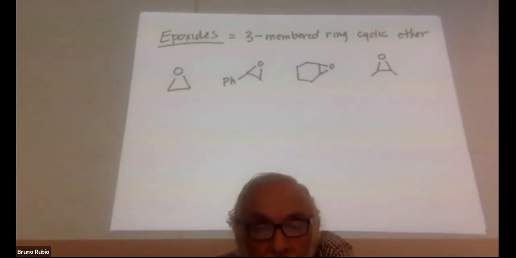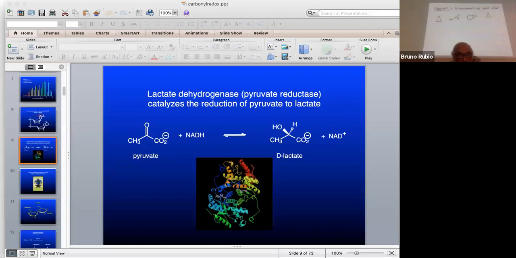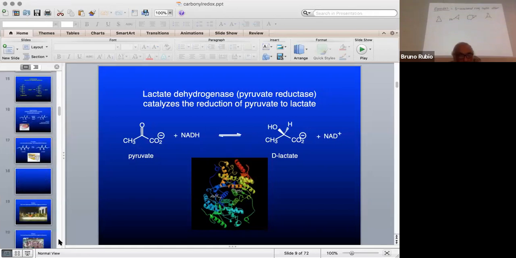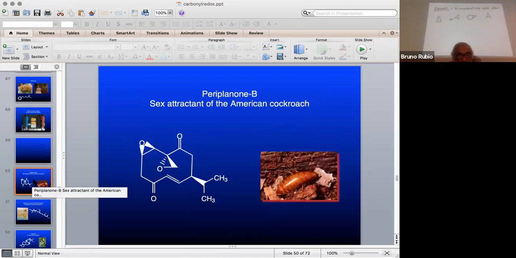Now, there are a whole lot of epoxides in nature, right? So I think I have some pictures of epoxides that we find in nature somewhere, pretty interesting compounds. Yeah, here's one, periplanone B. This is the sex attractant of the cockroach.